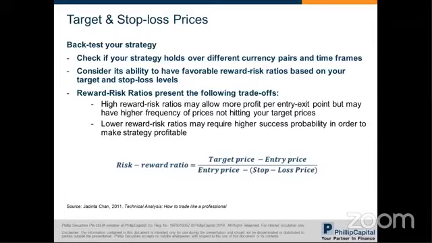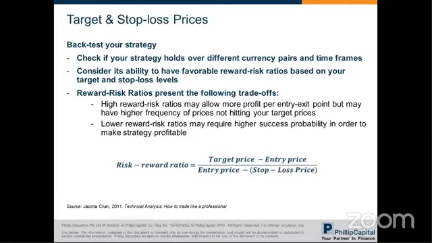That will affect your P&L because of the different nature of the currency pair. Likewise, if you change your time frame, for example your charting from 5 minutes to 15 minutes, do a little backtest on whether your strategy still works.